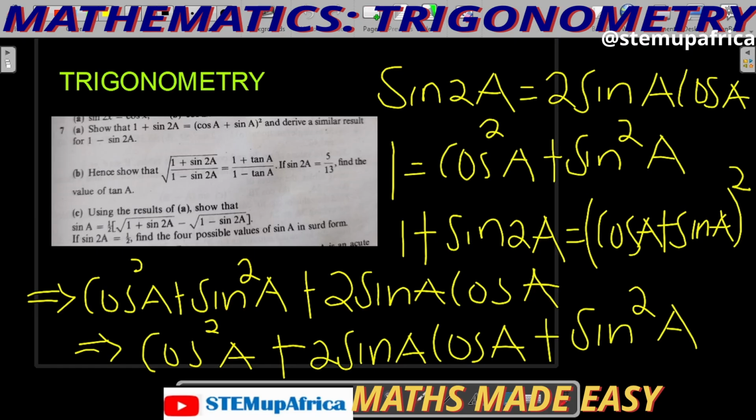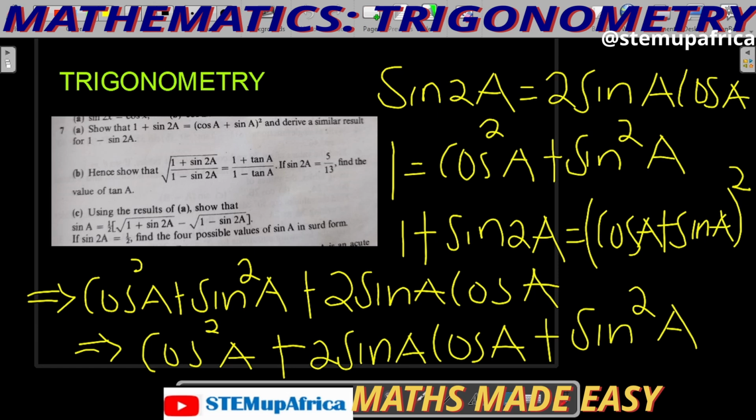We are asked that if sine 2A is 5 over 13, you should find the value of tan A. So it's simple. Let's write back the whole expression.